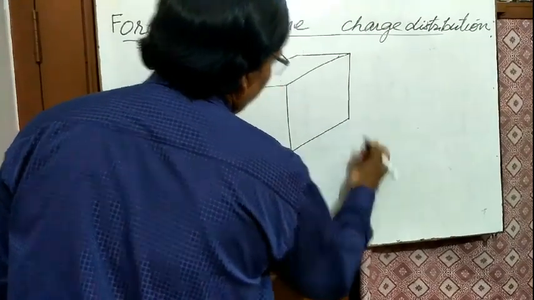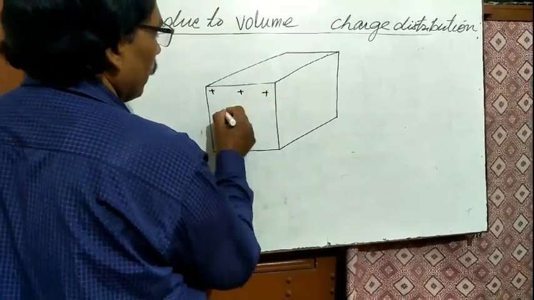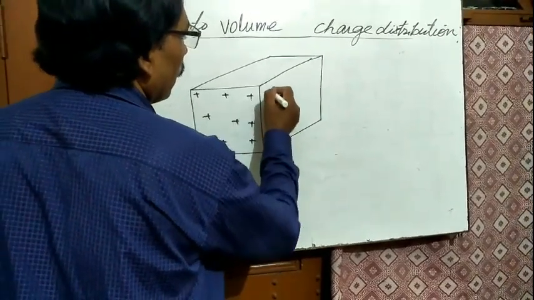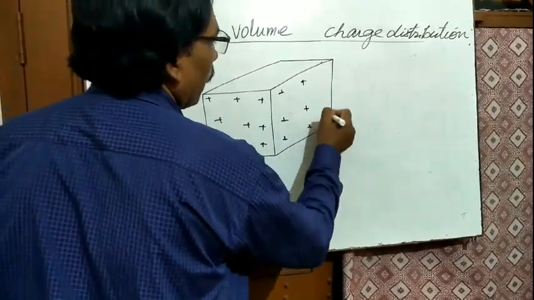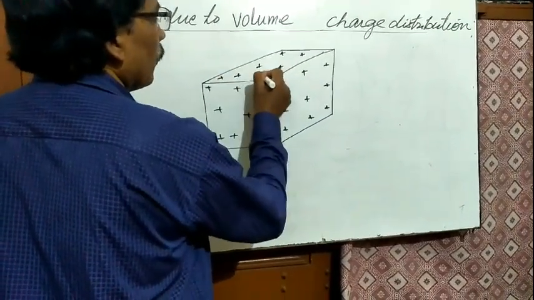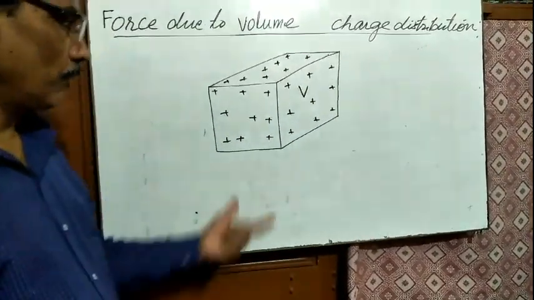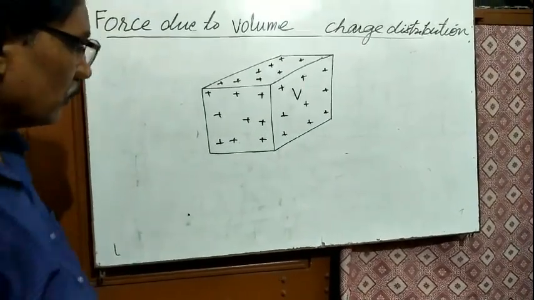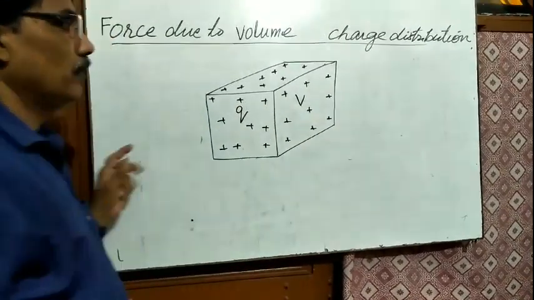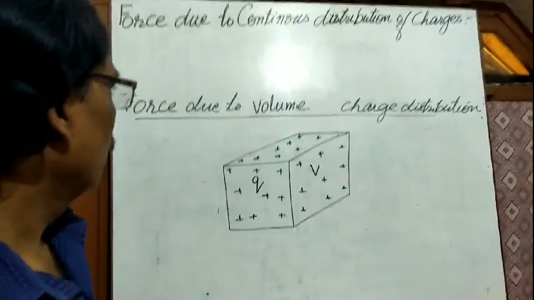Here we have a three-dimensional body and charge is uniformly distributed on the whole body. Its volume is V, and the total charge which is distributed on this three-dimensional body is Q.